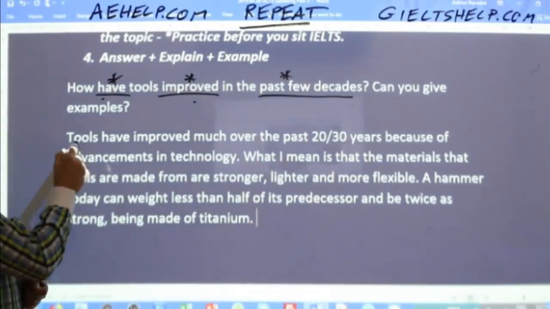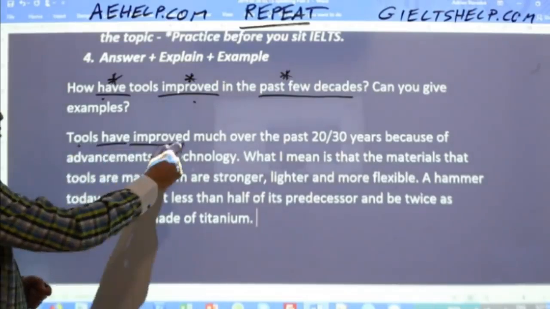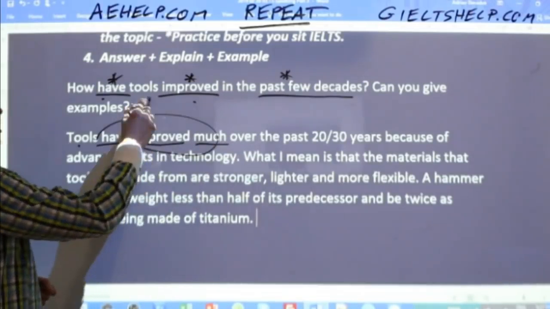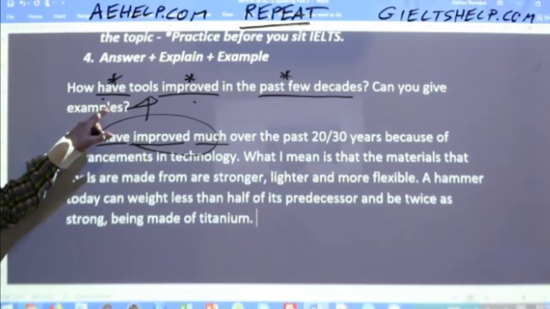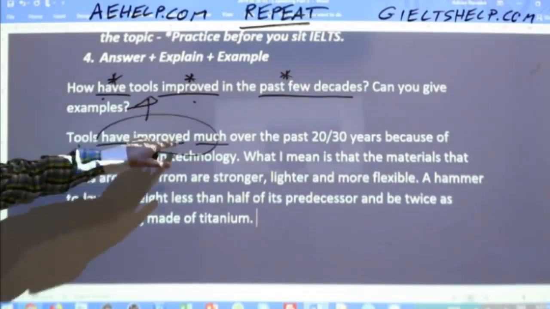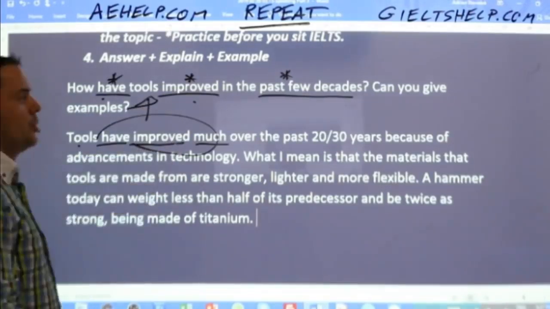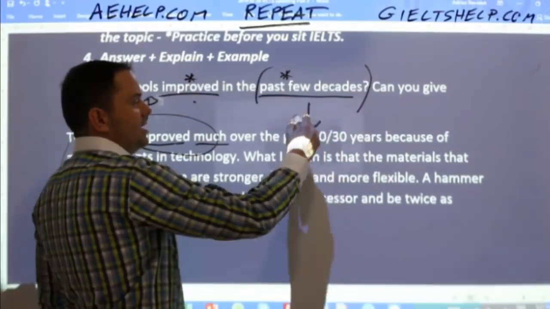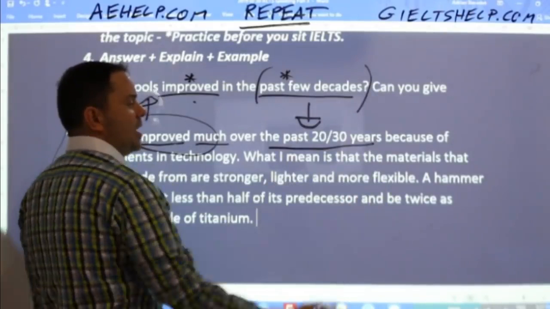Okay, so tools have improved much. Right away I'm showing that I realize the type of question, that it's present perfect, and I'm answering in the same way. Right away, I realize the time frame of the question, and I'm giving that answer right away.